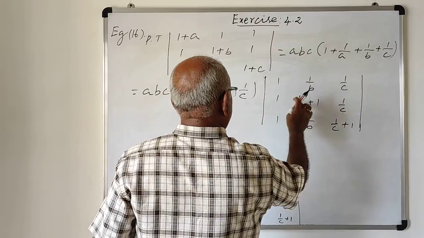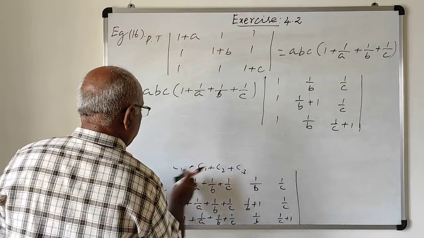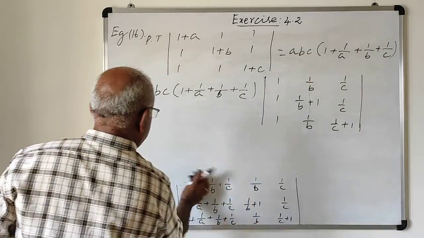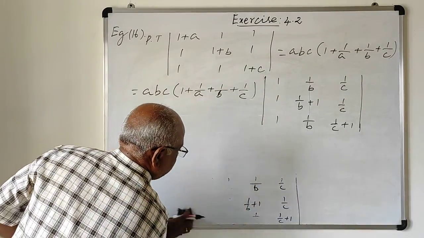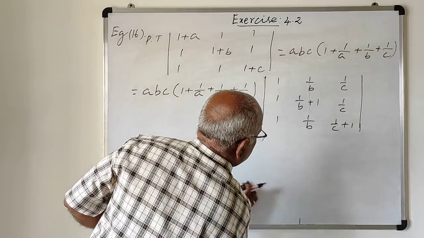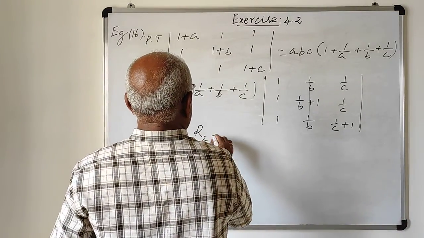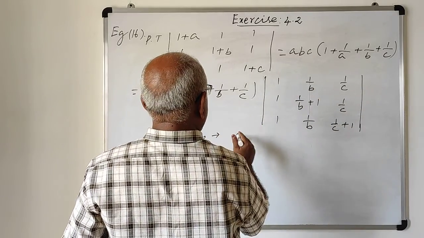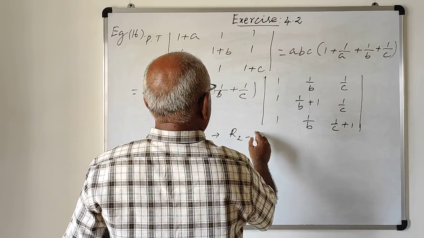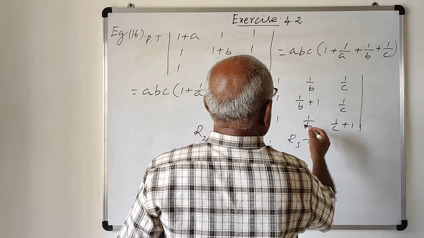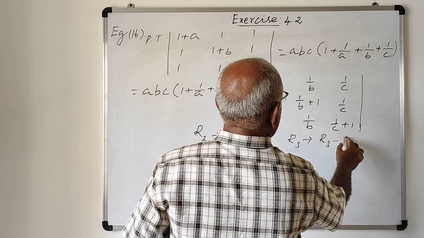Now R2 becomes R2 minus R1 and R3 becomes R3 minus R1.